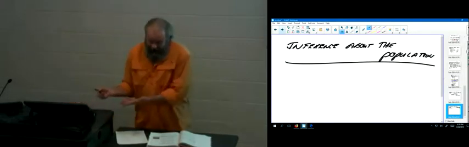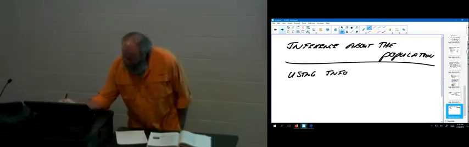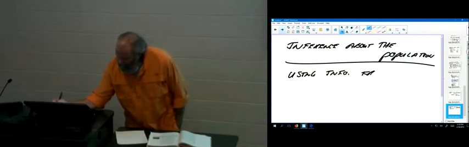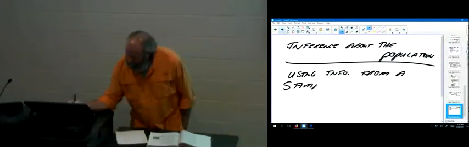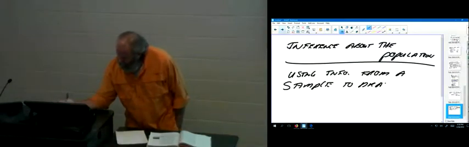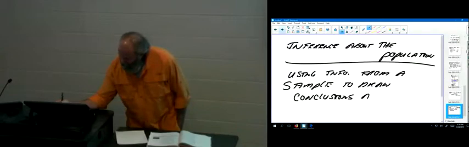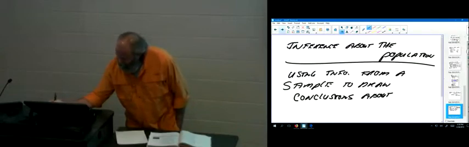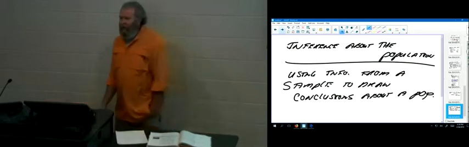So I didn't write it down here, but I'm going to write it here: using information from a sample, draw conclusions about a population. That's what statistics is all about.